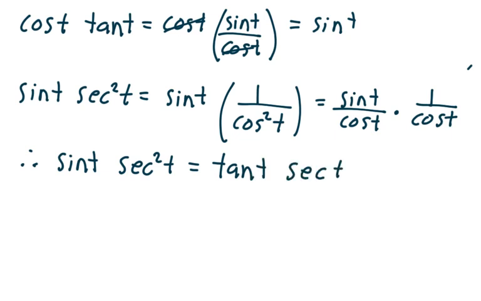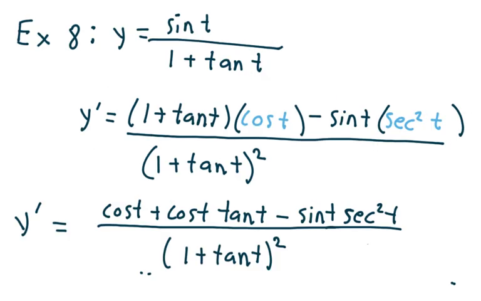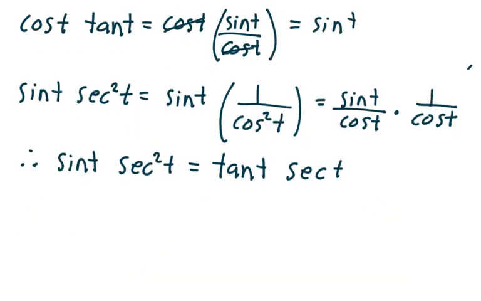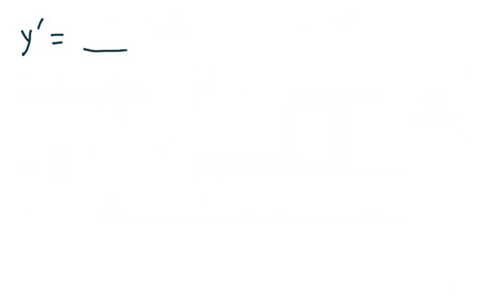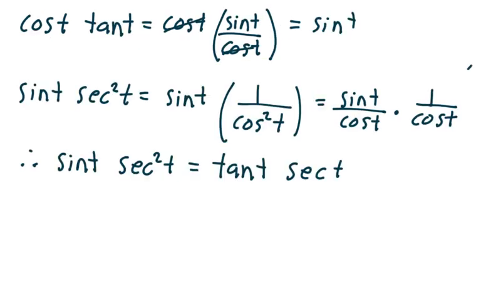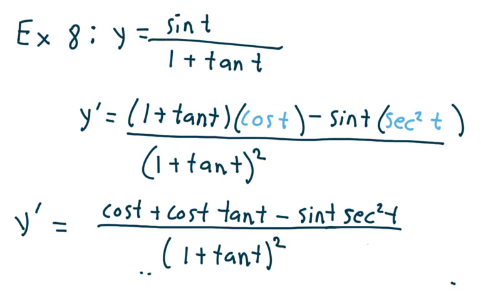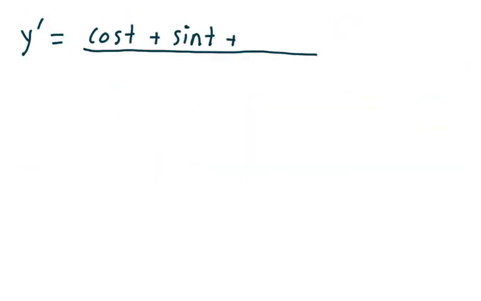Now, let's go back. And so I'm going to have y prime equals cosine t plus sine t, plus, and then we're going to get tangent t times secant t, or secant t tangent t.